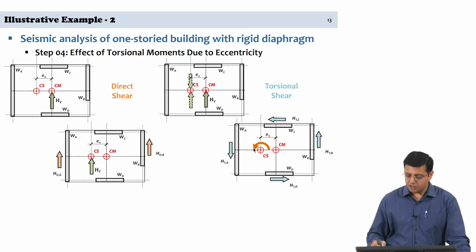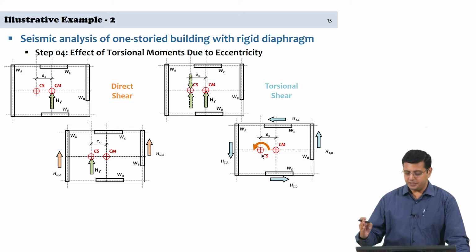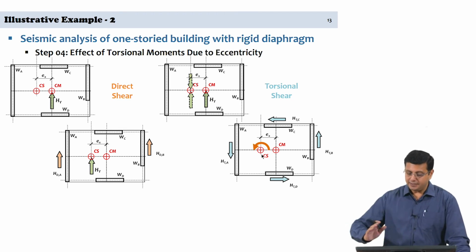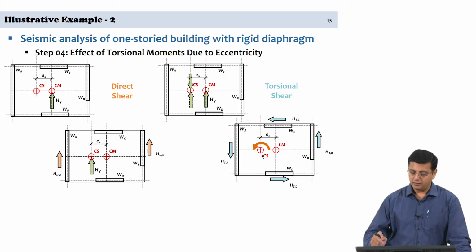The torsional moment is acting about the center of stiffness. Since in this particular example, the center of stiffness is placed to the left of the center of mass, and we are looking at a shear force Hy acting at the center of mass, the direction of the shear forces coming from the torsional moment is critical.